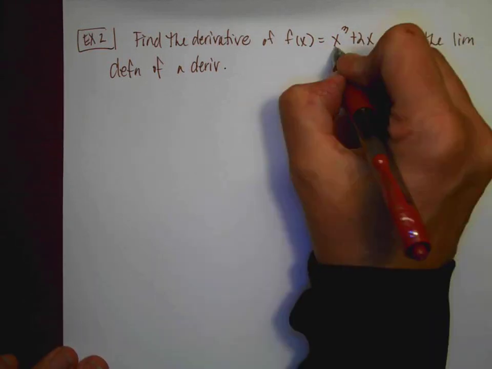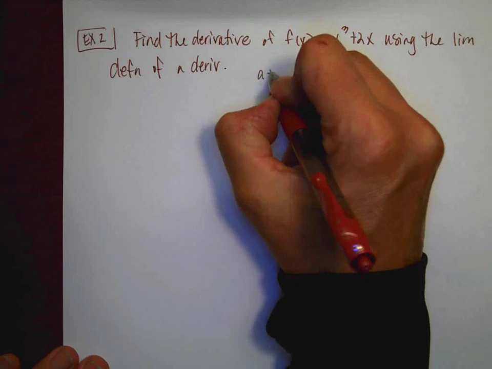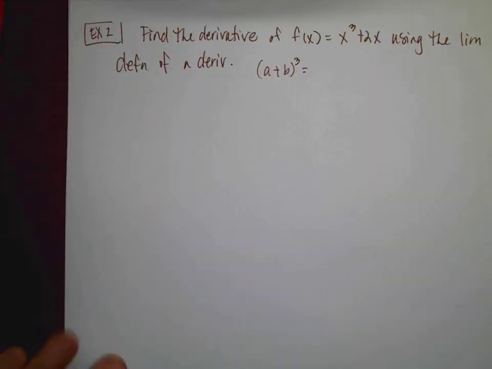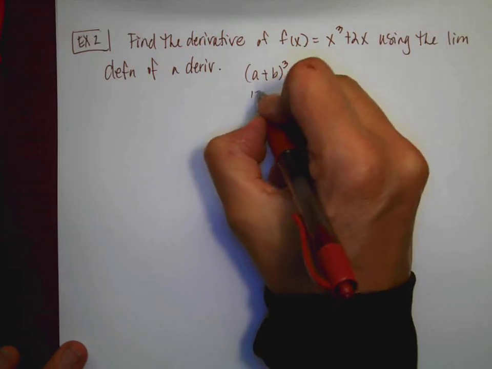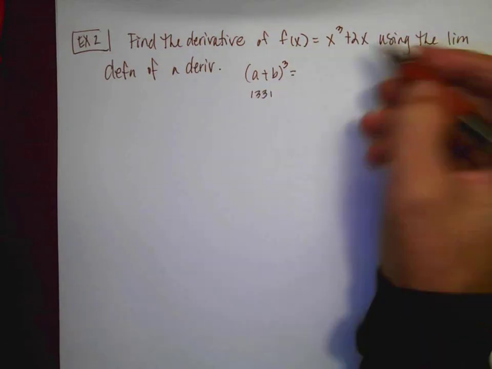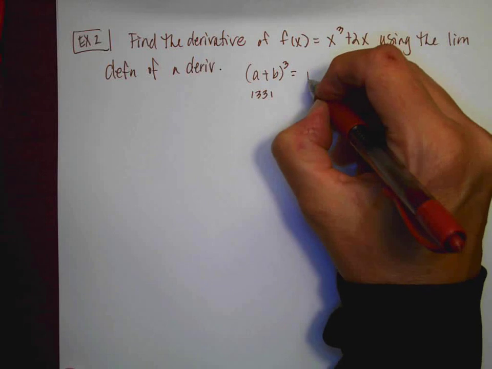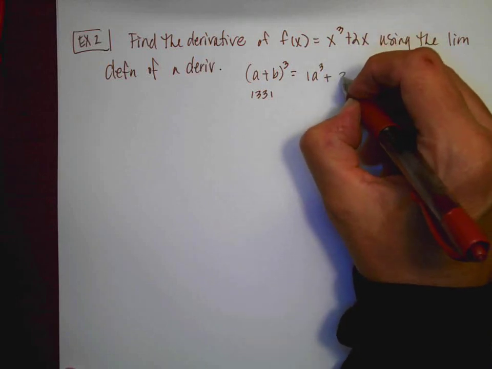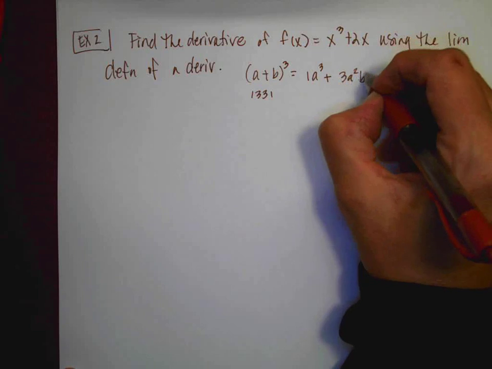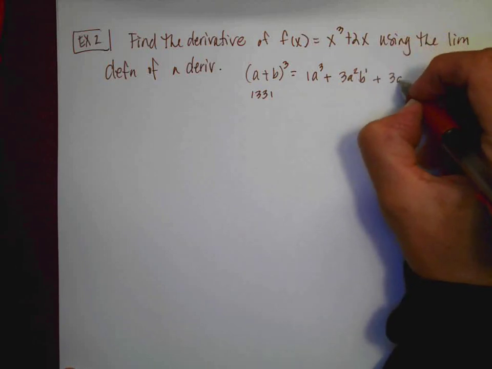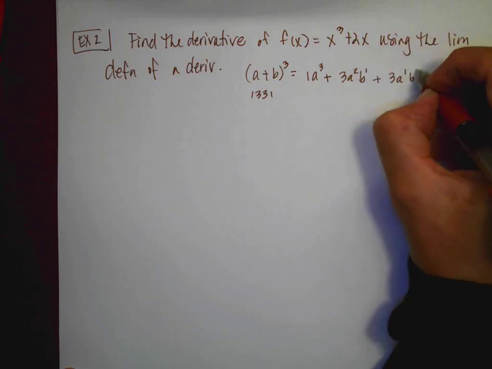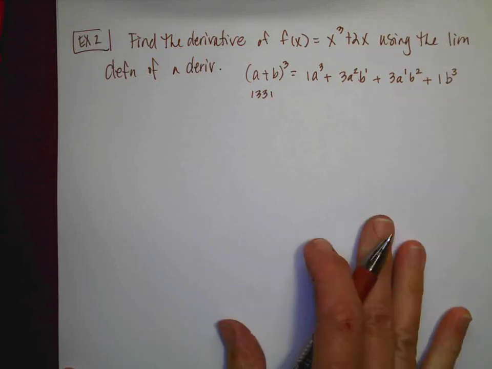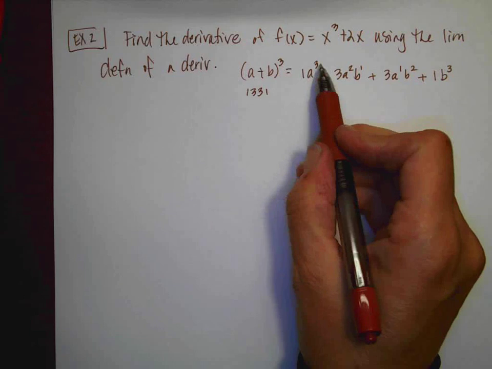Before we get started, because I have something cubed, remember that (a plus b) cubed, if we use Pascal's triangle, the coefficients are 1, 3, 3, 1. So this is going to be 1a cubed plus 3a squared b to the 1 plus 3a to the 1 b to the 2 plus 1b to the 3.